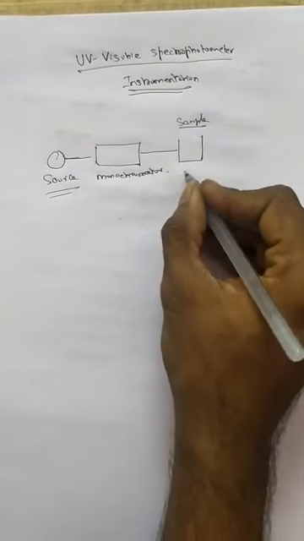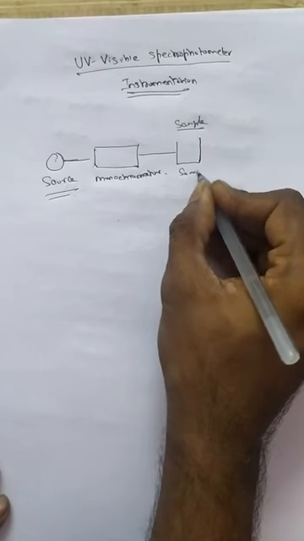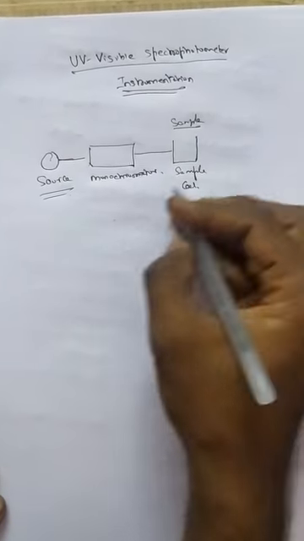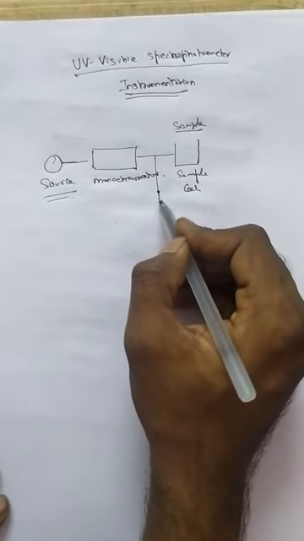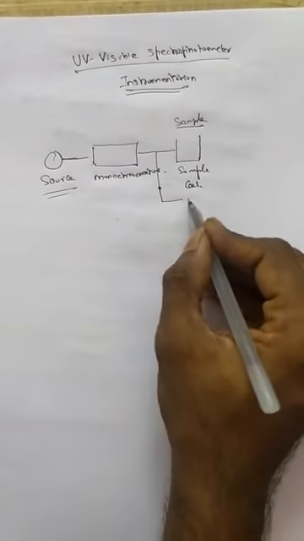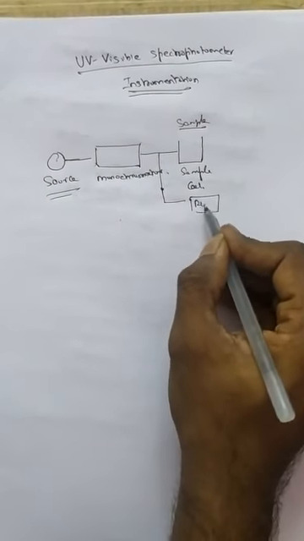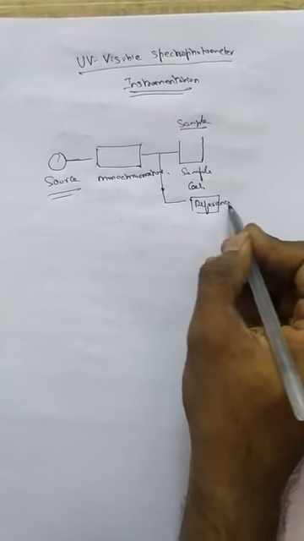Sometimes, from the monochromator, a part of the energy is cut off and a reference is placed, to have a correct reading.